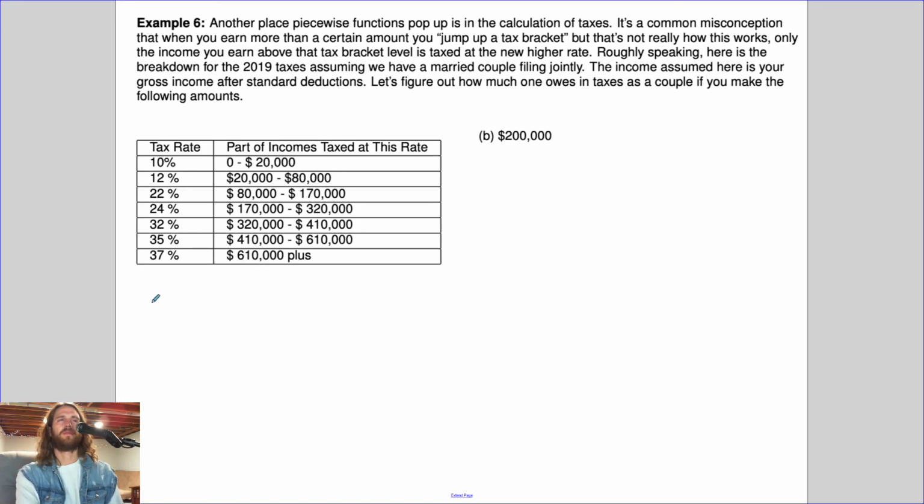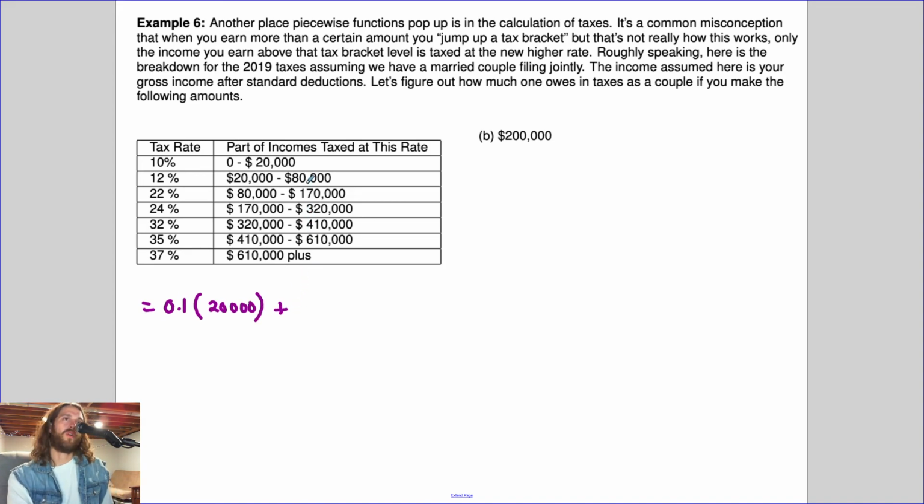All right, so with this one, $200,000, that's a lot of chunks. You have to think about where you're going to end up. They're going to make it all the way up to the 24% tax bracket here. So that is going to look like paying 10% on the first 20,000, just like the previous person did.